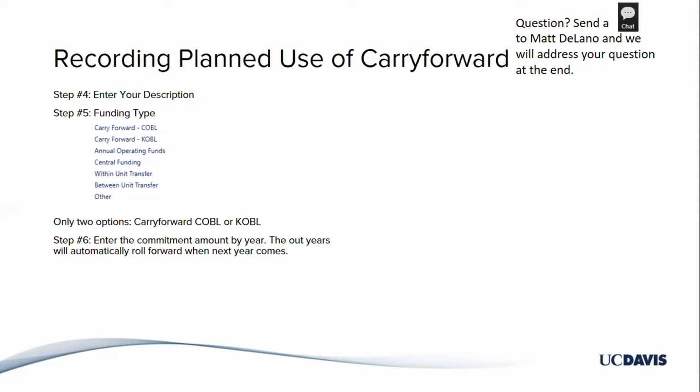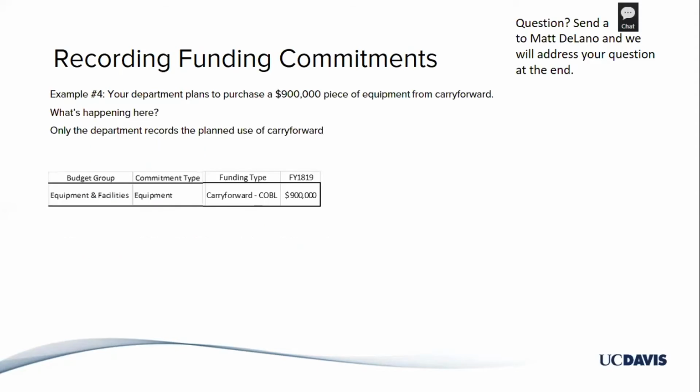There's really only 2 options for how to record your planned use of carry forward. It's those first two, the carry forward COBOL, where you're earmarking your carry forward for future use. And then again, you enter the commitment amount by year, and you can do it in the out years. I didn't want to belabor it too much. I just have one example here for a planned use of carry forward.